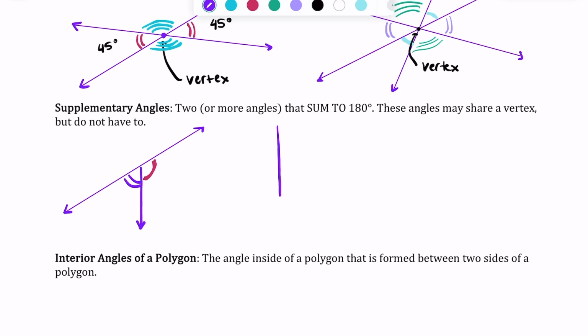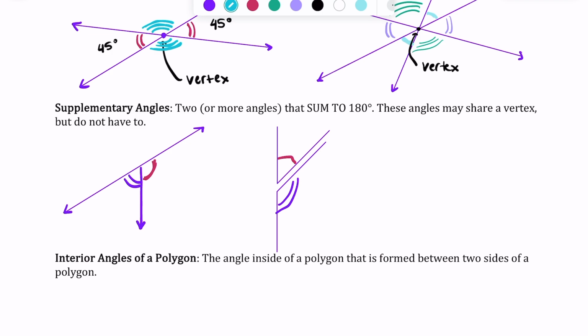So say, for example, I have two angles, and they aren't sharing a vertex. They each have their own separate vertex, right? But their total can still add to 180, which would still make them supplementary.